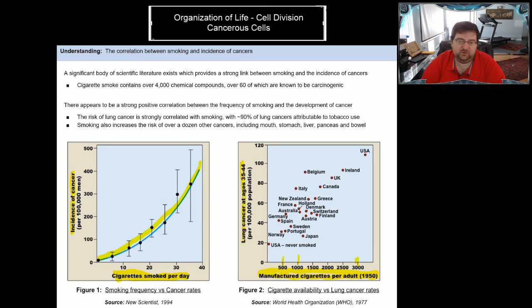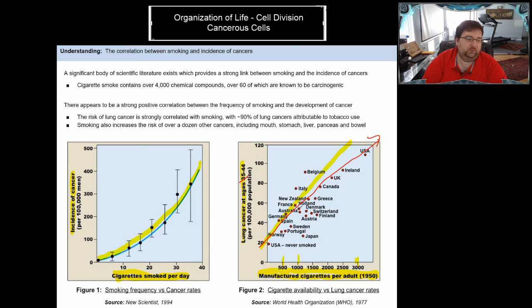Now, this is an interesting chart too. When you graph the countries, there seems to be a clear correlation. If I was going to draw a line of best fit, that's probably a bad one. If I was going to draw a line of best fit, it might look something like this, right? It seems clear that as a country produces more cigarettes, lung cancer develops. And there seems to be a correlation between the amount of cigarettes that are produced per capita and the incidence of lung cancer.